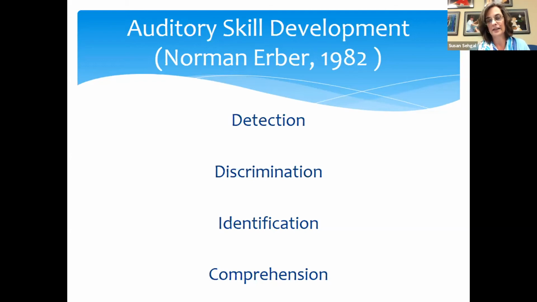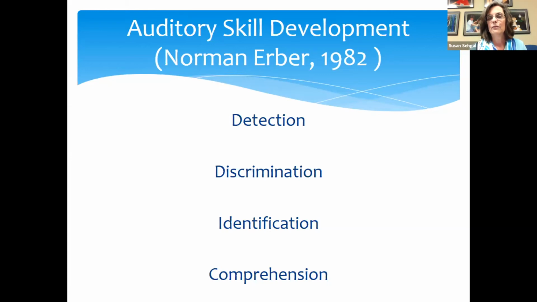The next highest level is discrimination, and that's basically looking at a child's ability to determine if two sounds or two stimuli sound the same or different. This is used more as a remediation skill than actual writing an IEP goal for discrimination.